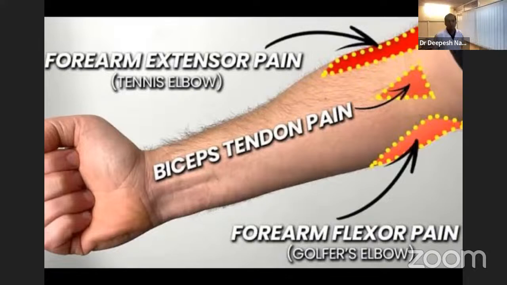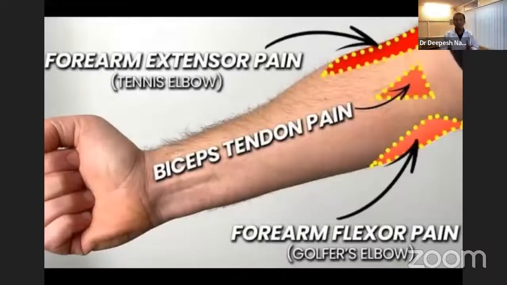Now, the main major things in elbow pain: in general elbow pain, first we have to differentiate the type of pain. First we have to see what type of pain it is. Although we have made a universal protocol for elbow joint pain, what are the common symptoms and common presentation of elbow pain?